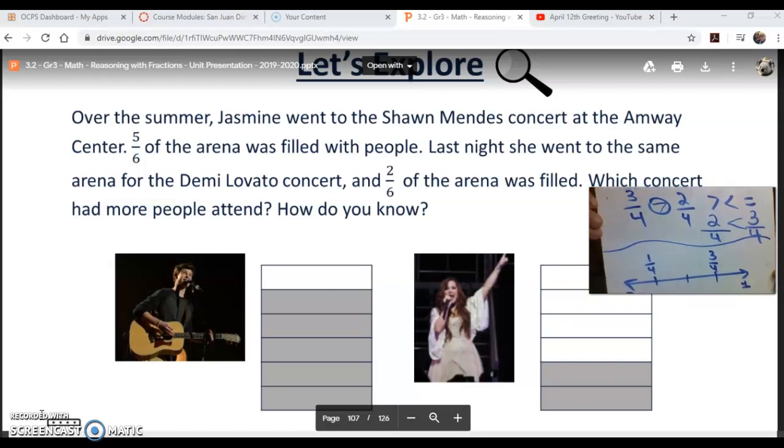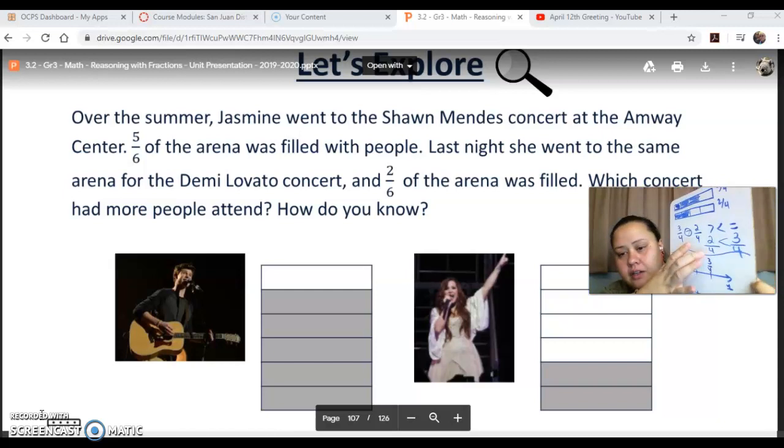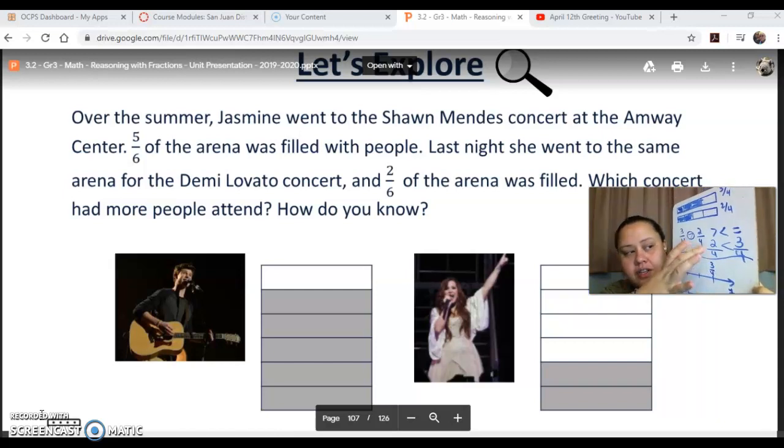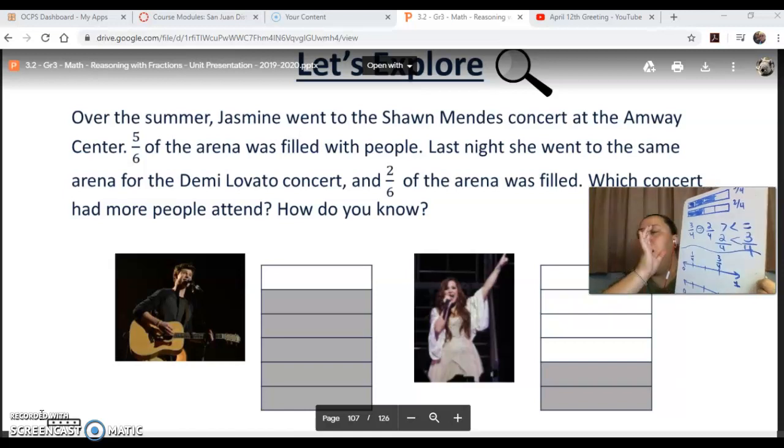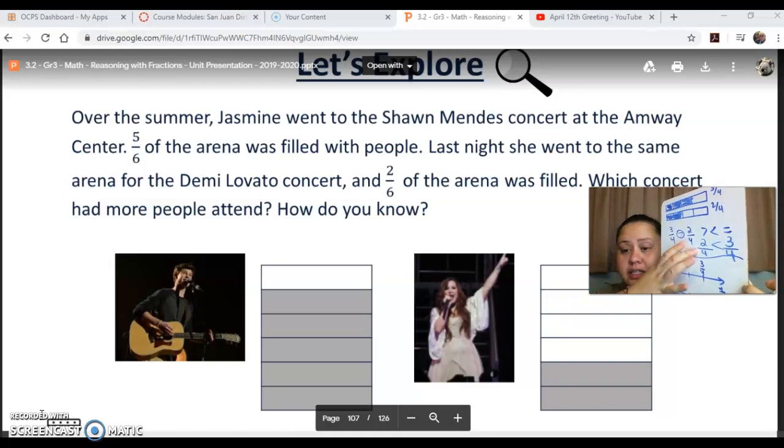You want to make sure you understand your symbols because we will be using them for the next few days. You read your number sentences from left to right. If the first number is less than or smaller, then you use the less than symbol. You read from left to right.